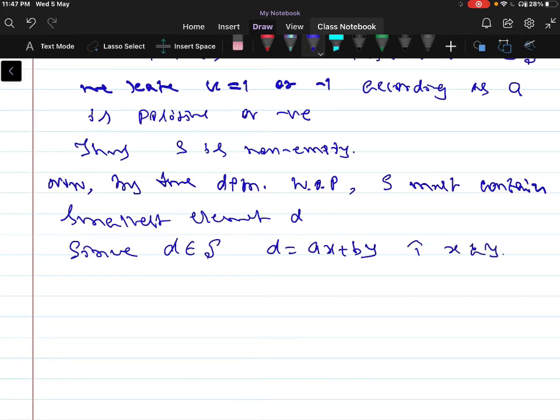We call this equation 1. Now we claim that D is equal to GCD of a, b.